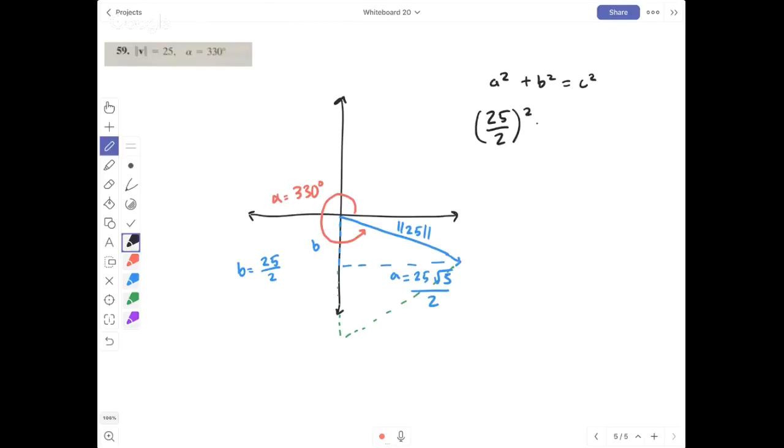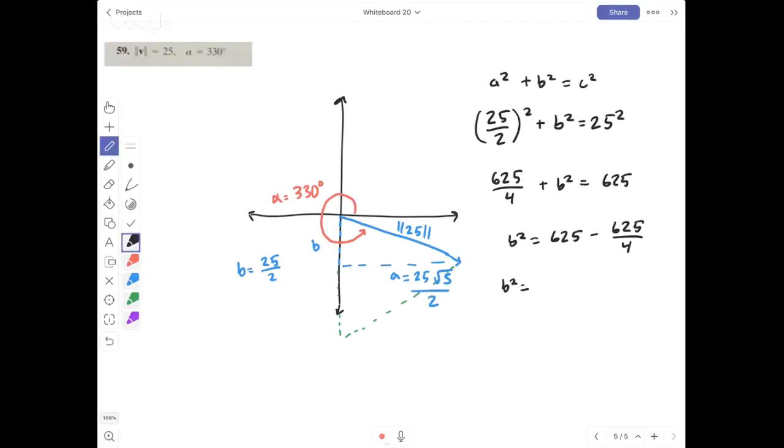25 over 2 squared plus some B squared should equal 25 squared, which means that, boy, 25 times 25, what is that? 625? 625 quarters plus B squared equals 625. So that B squared equals 625 minus 625 quarters.